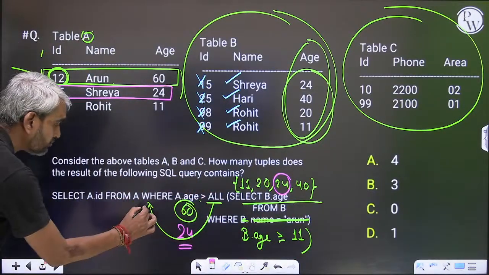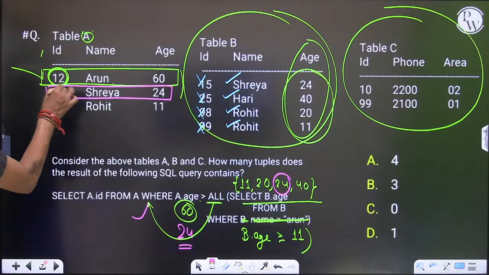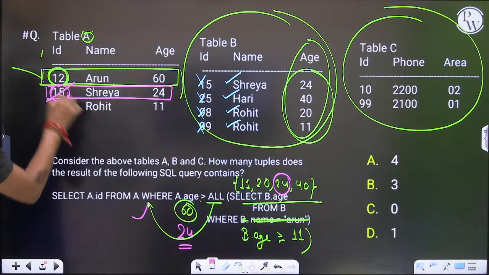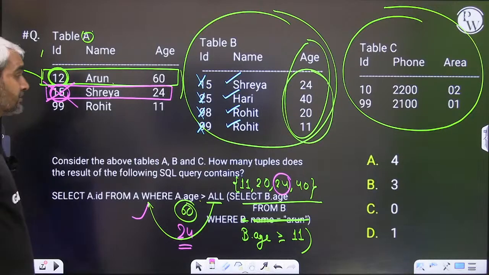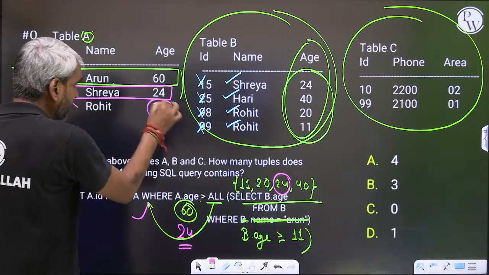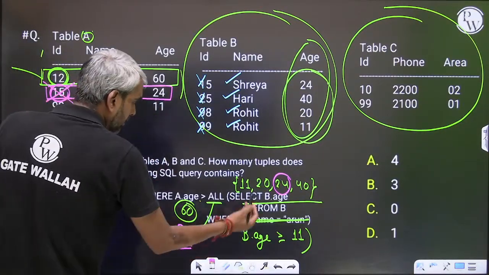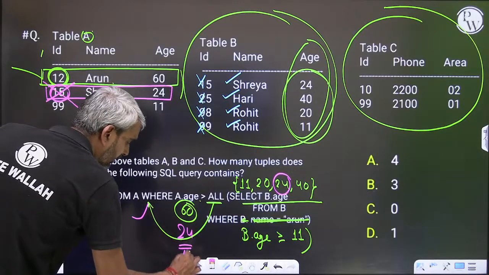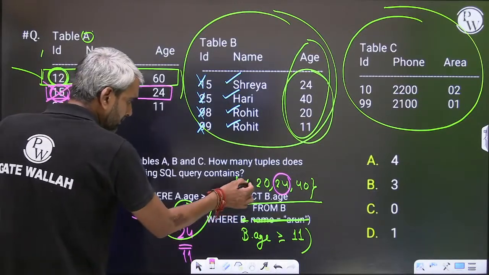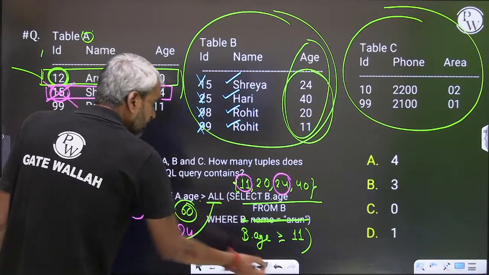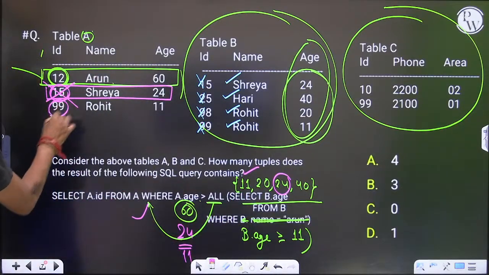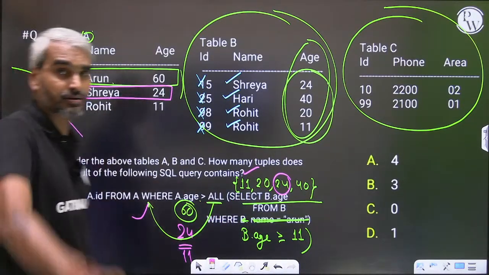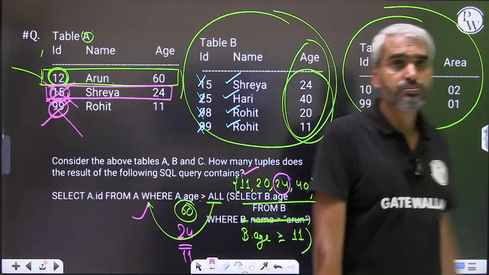So if ALL returns false, where will return false, and this particular 15 will not get selected. Similarly, for 11, the moment you compare with 11, 11 is not greater than 11, therefore in the first comparison itself the ALL will return false, and this 99 also will not get selected. Clear, Nishu?